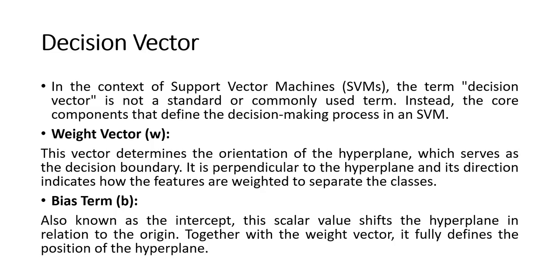If we rotate this dividing line, different students may fail or fall into a different category. The rotation is controlled by the weight vector. Mathematically, the weight vector is always perpendicular, or at a 90-degree angle, to the hyperplane. It also determines how important each feature is in making the classification.